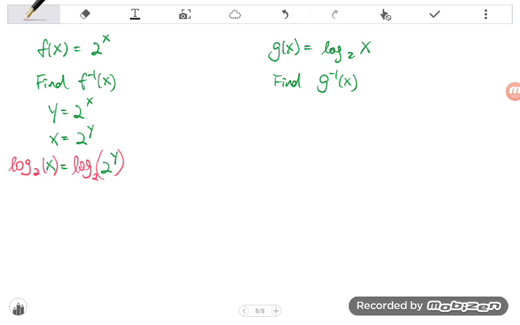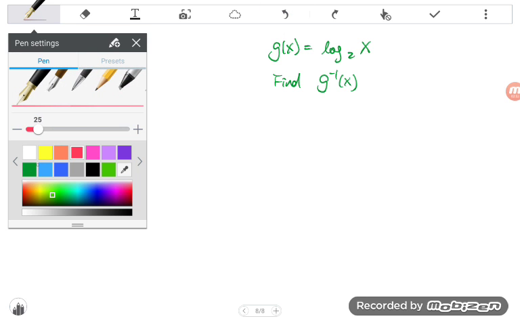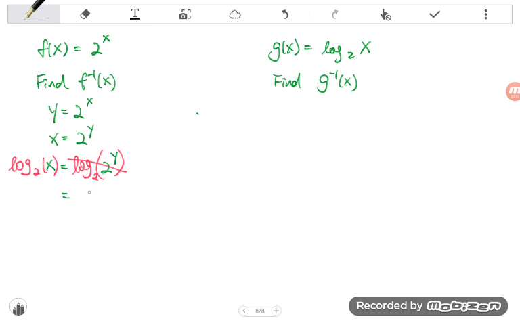Alright, so we already learned how to do this in the previous videos, when we were solving logarithmic equations. Okay. Now let's proceed. Since this will cancel out, I would only have just y on my right hand side, and on my left hand side I will have log x to the base of 2.